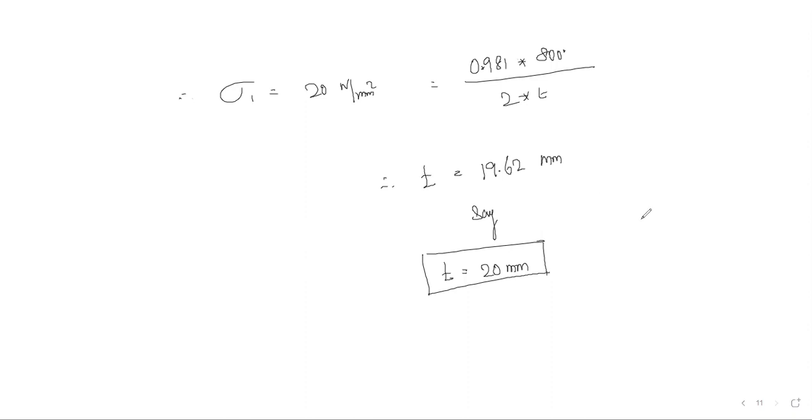Next, we should move on to the efficiency of a joint. We cannot directly cast it like a single unit. Definitely we need to make a connection.